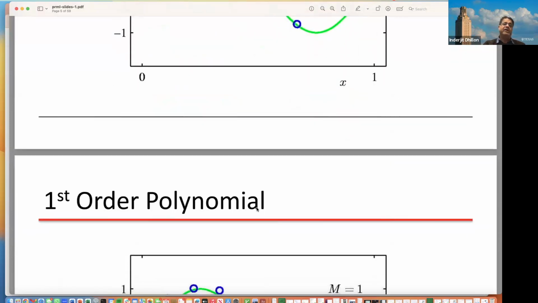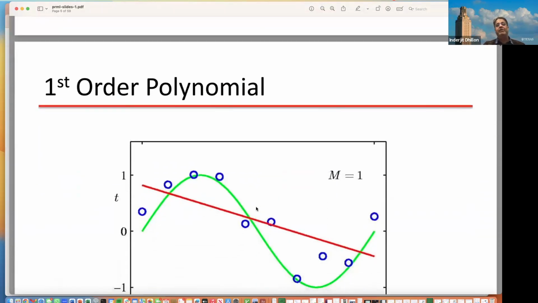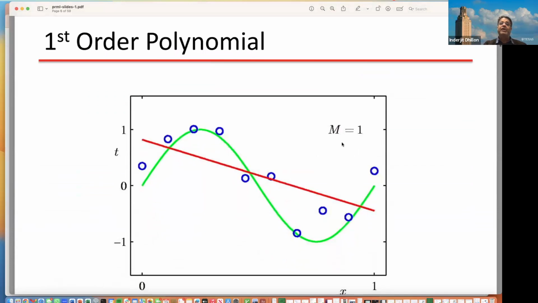So then you can say, okay, I can increase capital M. If I make capital M equal to 1, then I get a straight line, and this is the straight line you'll get if you fit it to this set of points. Now, how many points are there? 1, 2, 3, 4, 5, 6, 7, 8, 9, 10 points.